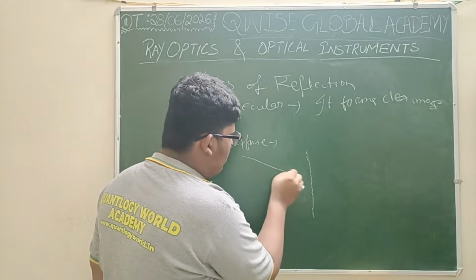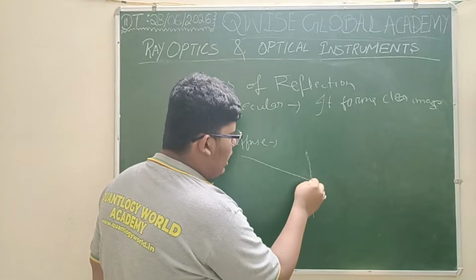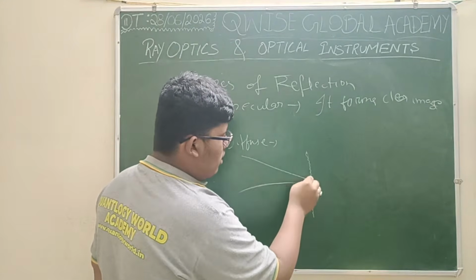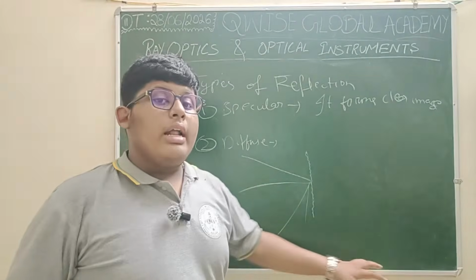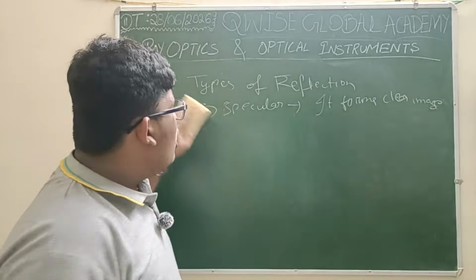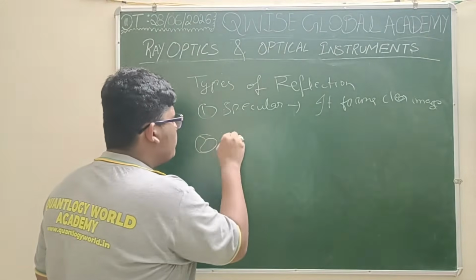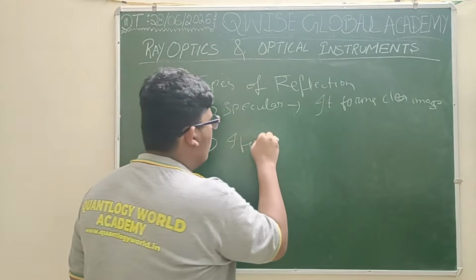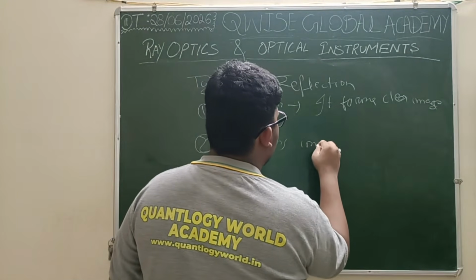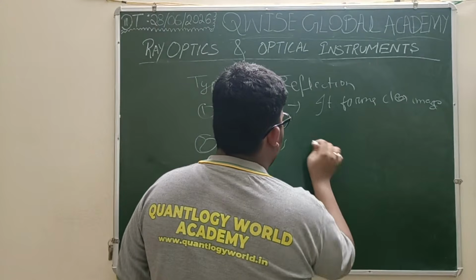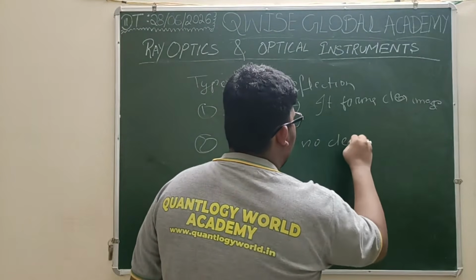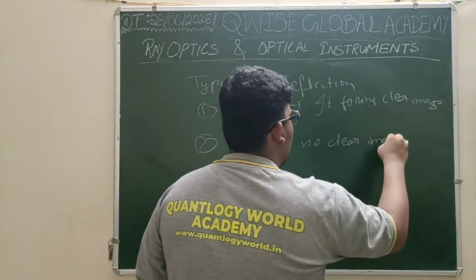Then when a light ray falls, it will not reflect in a proper manner. It will deflect this way or this way or this way. This is called diffuse reflection. It is just the opposite of specular reflection, and it forms an irregular image or no clear image, you can write.